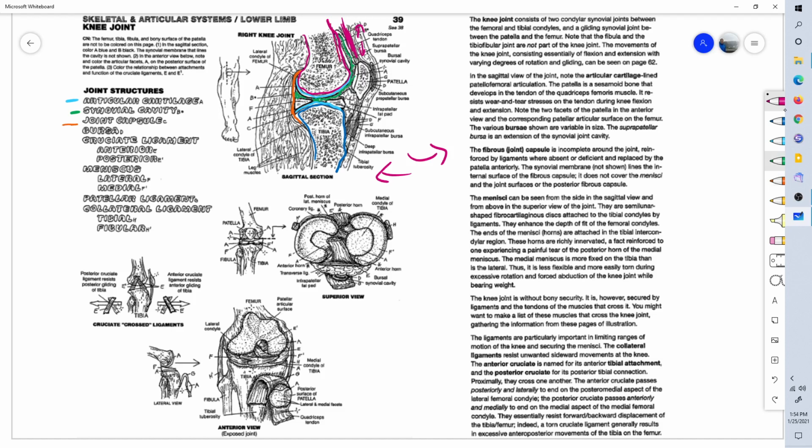So it's a good thing we have an area here called the bursa, the suprapatellar bursa. It's a sac of fluid right here, and it helps with friction.